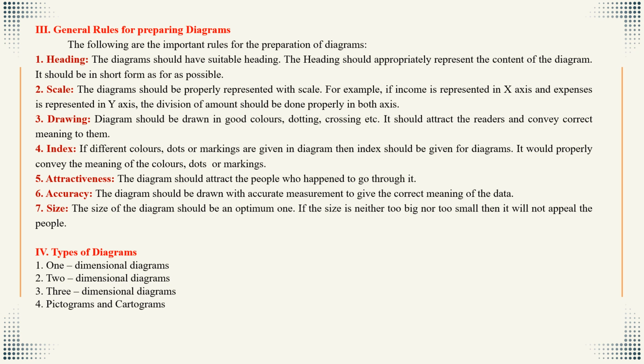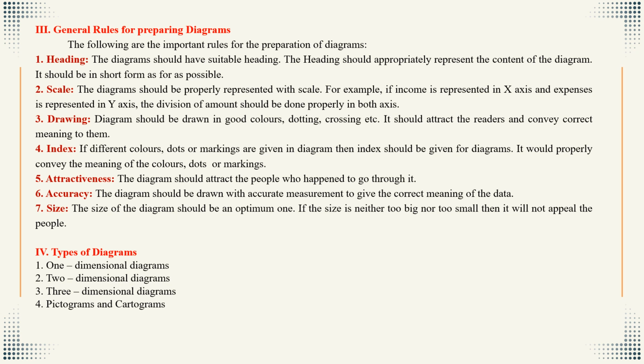It would properly convey the meaning of the colors, dots or markings. Fifth one is attractiveness. The diagram should attract the people who happen to go through it. Sixth one is accuracy. The diagram should be drawn with accurate measurement to give the correct meaning of the data.